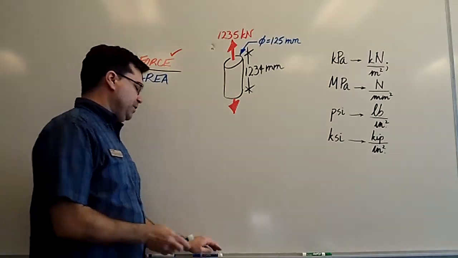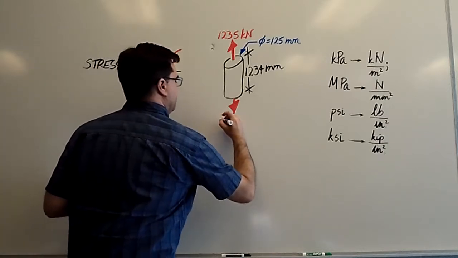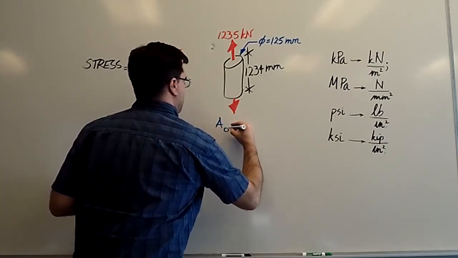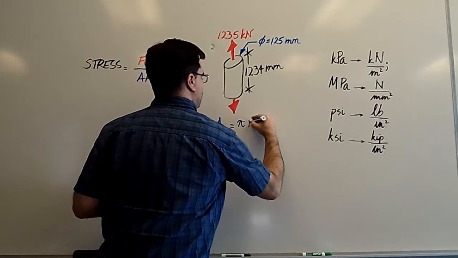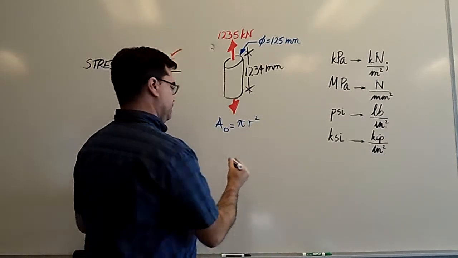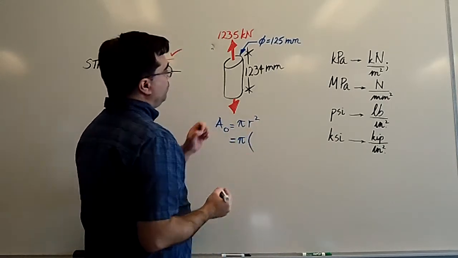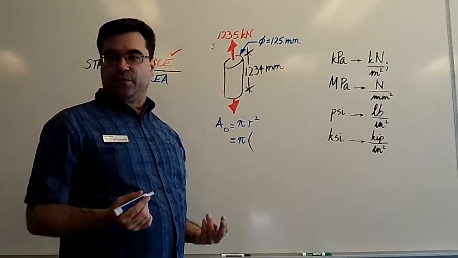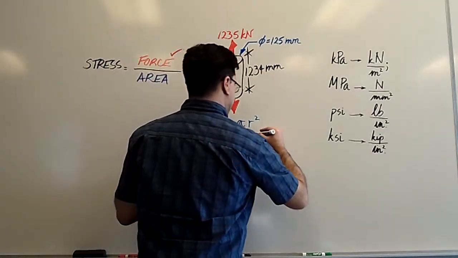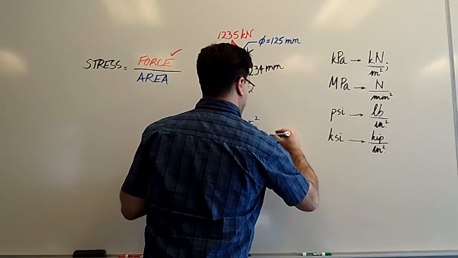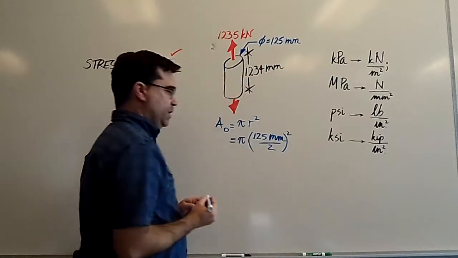So we remember that the area for a circle is pi times the radius squared. So pi times, we have the diameter. The diameter is 2 times the radius, so half of that is the radius. 125 millimeters divided by 2 squared.